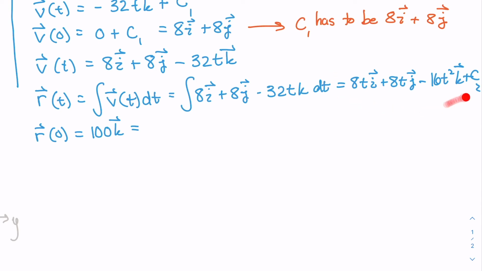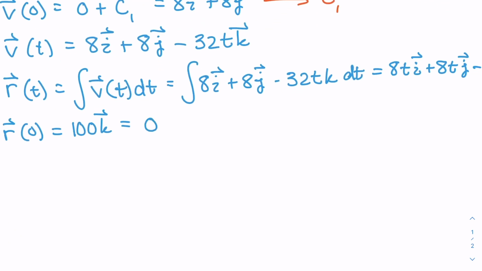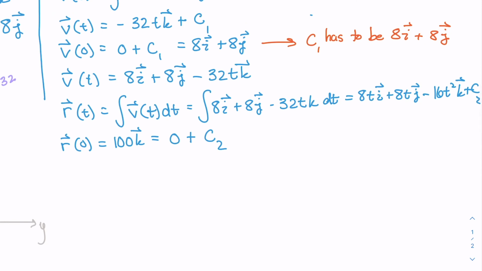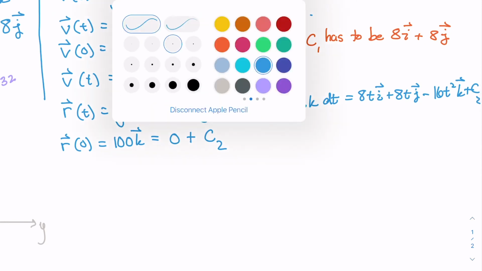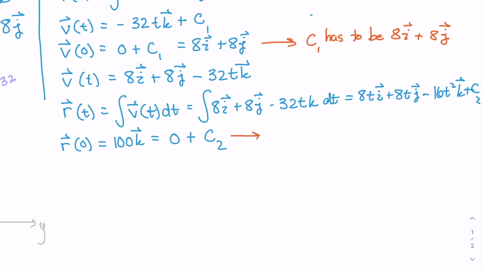You get 0, 0, 0. So that ends up being 0 plus C2, because all of those terms have a t in it. So then we know that in this case, C2 must be just 100k.